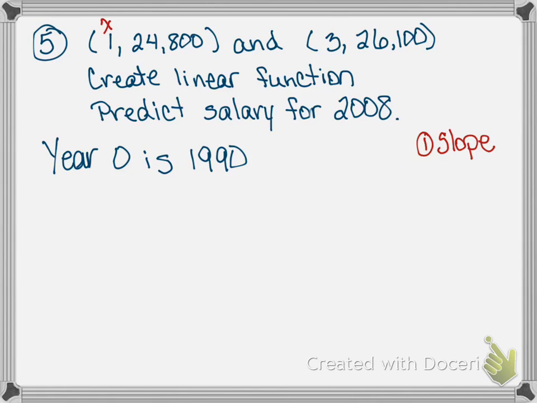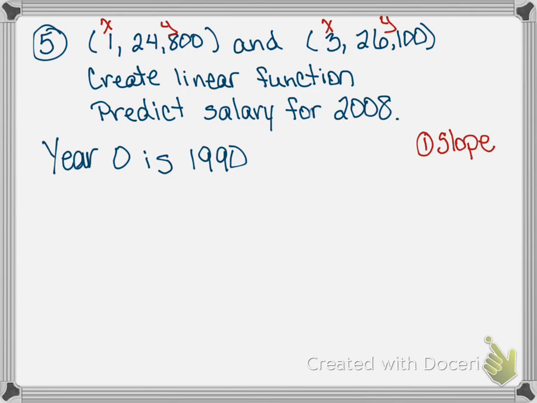Your x value is 1, and your y value is 24,800. For your second point, your x value is 3, and your y value is 26,100. So we have to find the slope. That's what we're going to do first.